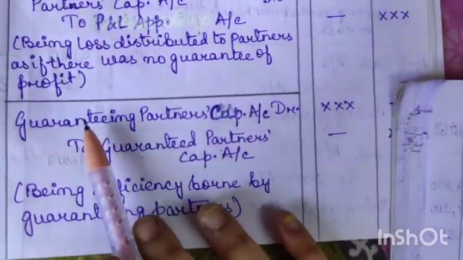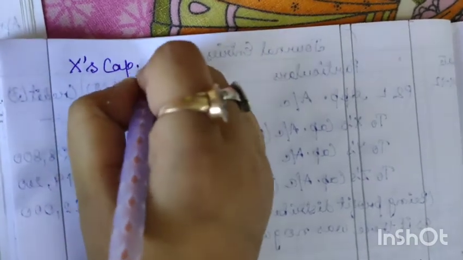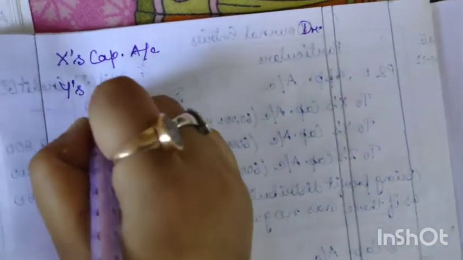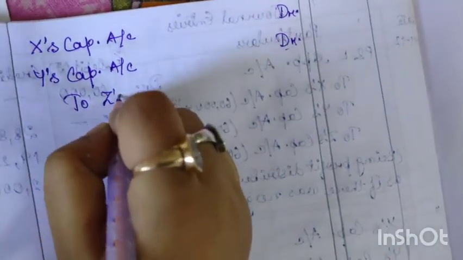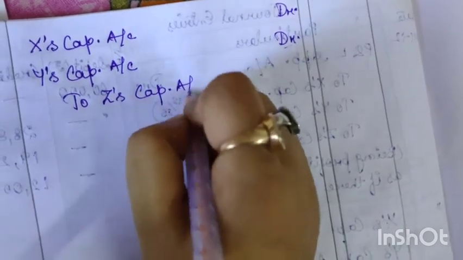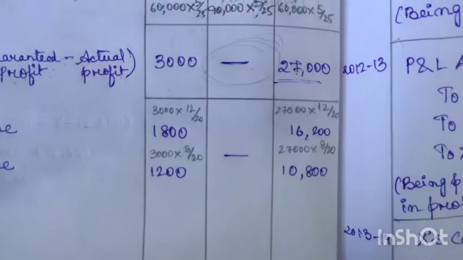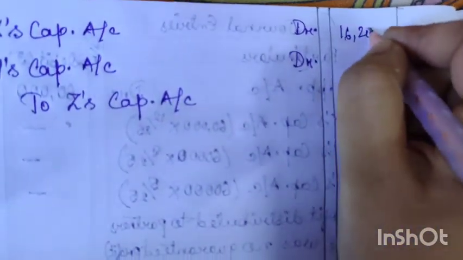Now as per journal entry, guaranteeing partners capital account debited. So who are the guaranteeing partners over here? X capital account debited, then Y's capital account debited to Z's capital account. Now how much deficiency was met by X in the third year? It is 16,200. Okay, so here we will write 16,200.